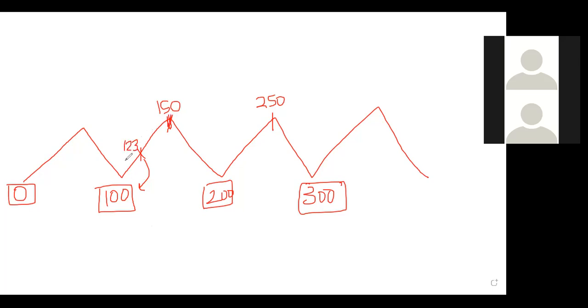You don't have to know precisely exactly where. You just have to figure out, is it on the left side of the hill or is it on the right side of the hill? Okay, if left, you go down to the nearest station, or if it's right, you go to the other side. Now, instead of using the words left and right, the proper words are round down or round up.